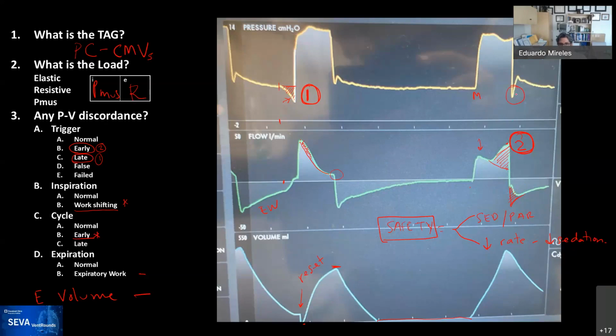This patient could potentially have triggered another breath and gotten a double breath here, a double trigger or multiple trigger. One of the ways the team gets rid of it is by changing to pressure trigger and setting it hard enough so that the patient cannot trigger another breath, even though they will have early trigger. That's one of the signals.